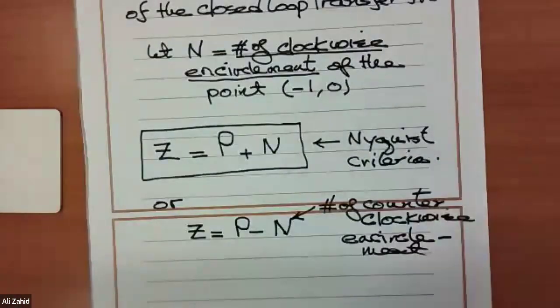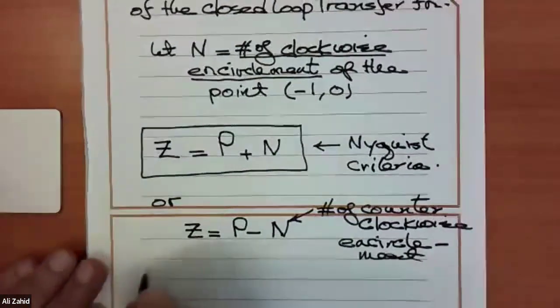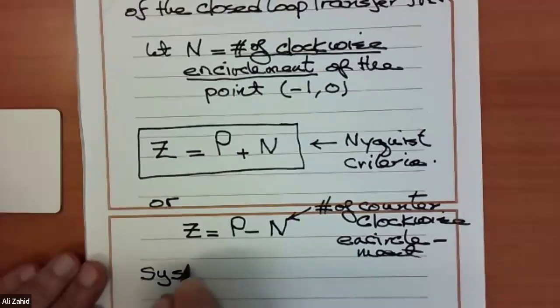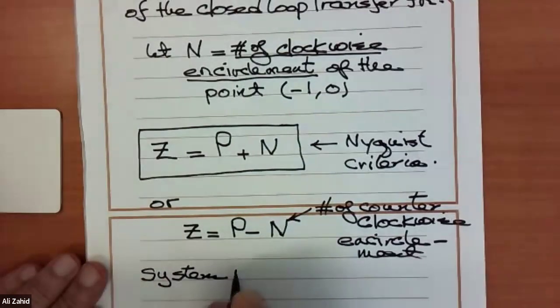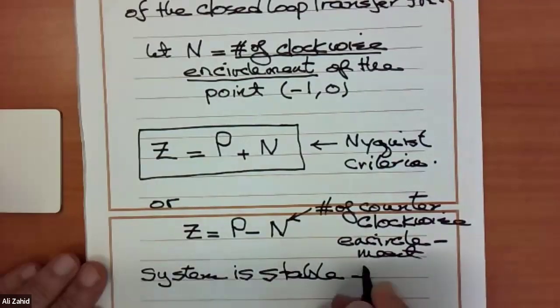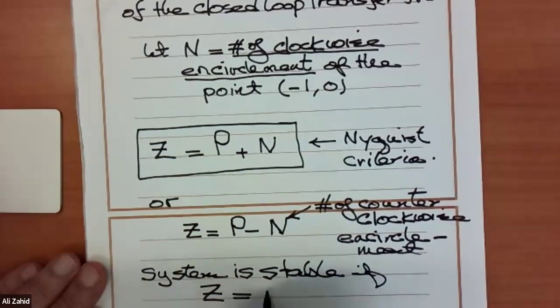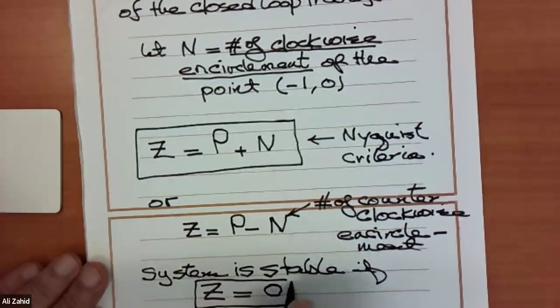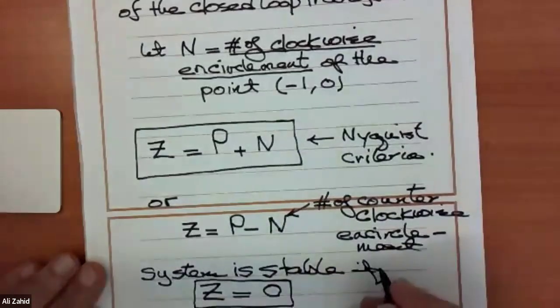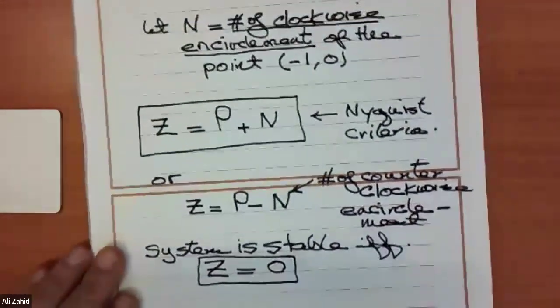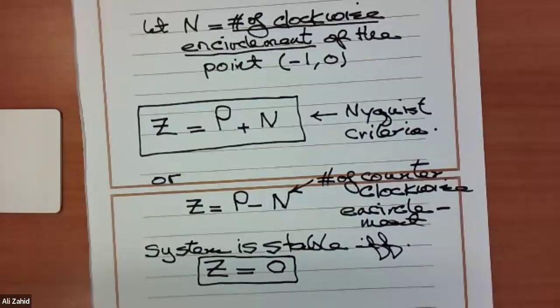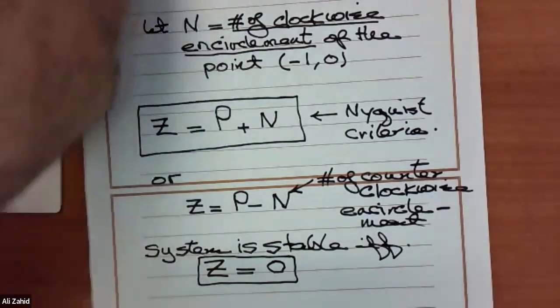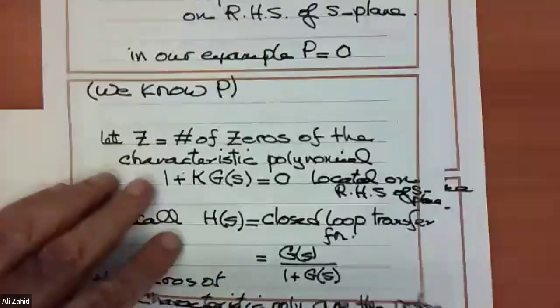Good. Now, this system is stable if Z is equal to 0, if and only if. Did you understand it? Yes. Why? Let's look at what Z is.